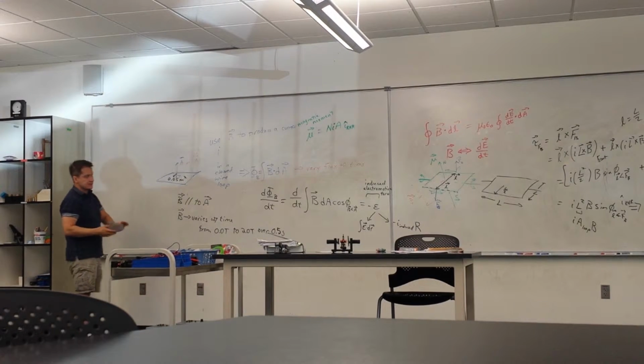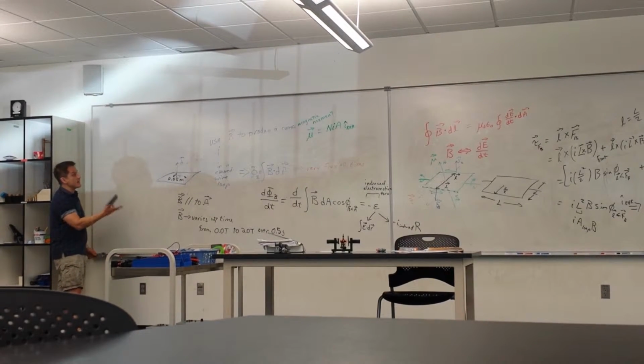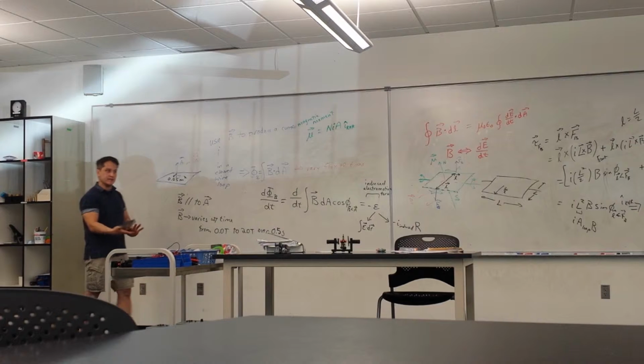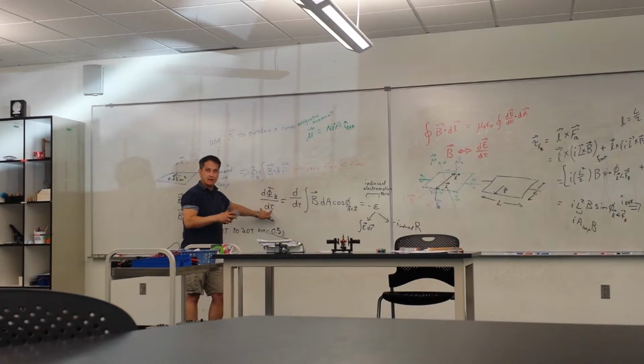First of all, what is dB/dt? Or I should say, even more directly, what does the expression of change in magnetic flux look like for this situation?